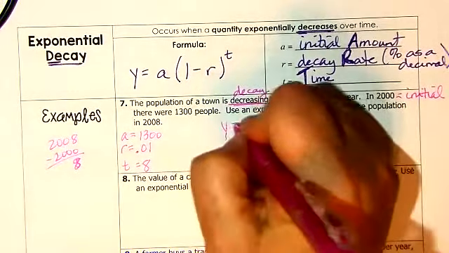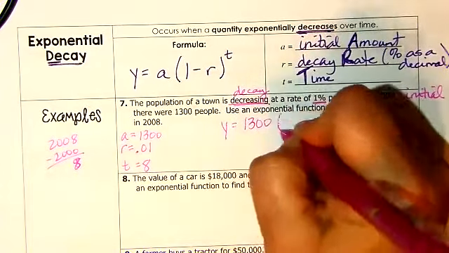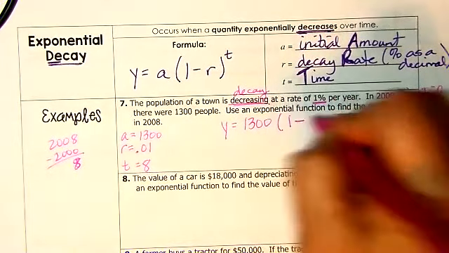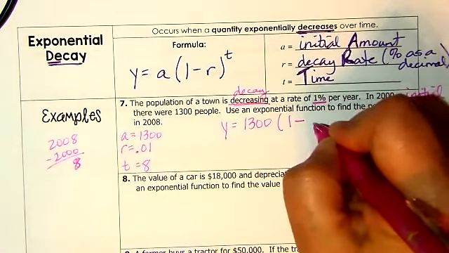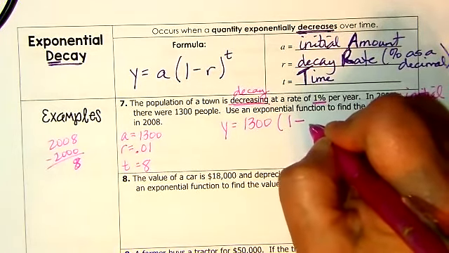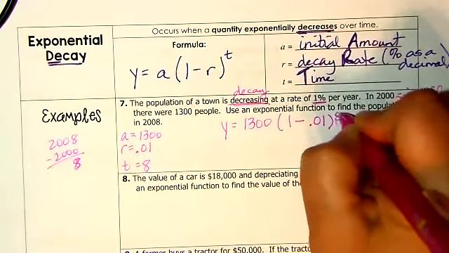And now we plug it into the formula. Y equals 1,300, open parentheses, 1 minus this. Subtraction you can't do in your head as quickly as you can do addition, so I would leave it as the minus there when you type it into the calculator. 1 minus 0.01 raised to the 8.